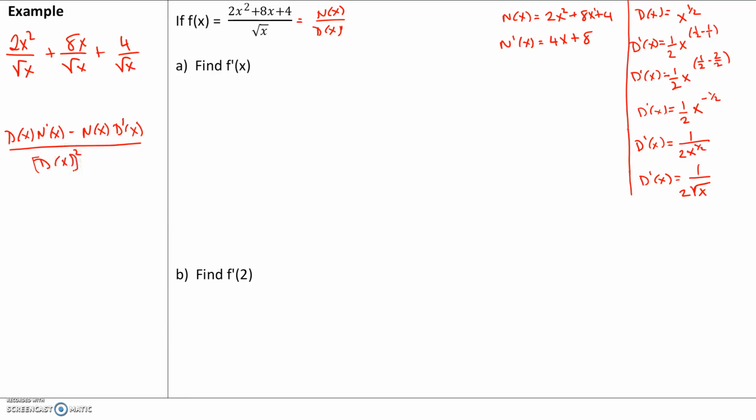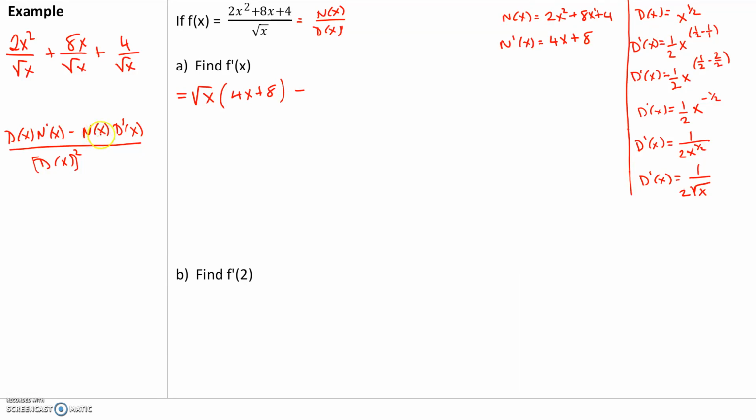Okay, so let's start with the d of x. d of x is equal to x to the 1/2, or square root of x. So f prime of x is equal to d of x, which is square root of x, times n prime of x, which we said here is going to be 4x plus 8, minus n of x.